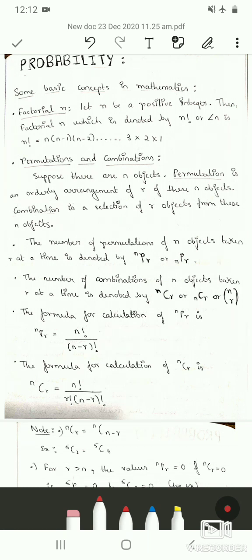Suppose you have 3 numbers, say 1, 2 and 3, and we have to construct 2-digit numbers using these 3 numbers.